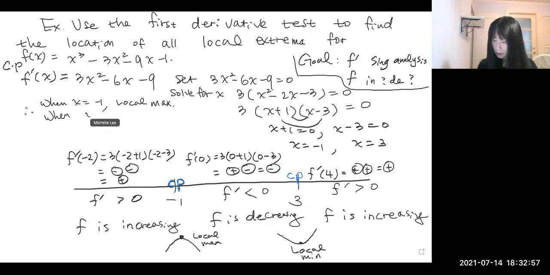When x equals 3, then local minimum there, right? Okay, so this graph looks like this. Let me just sketch it, like that.